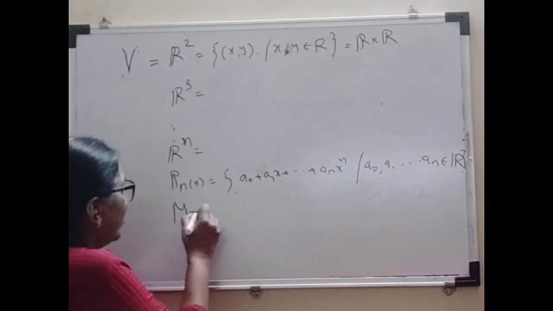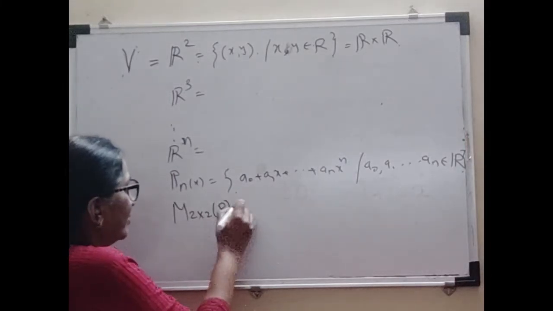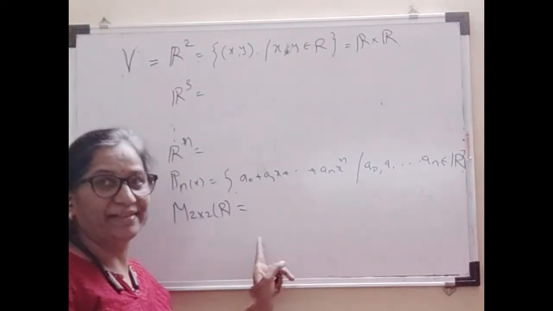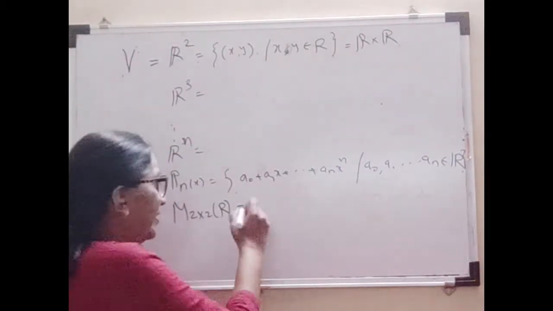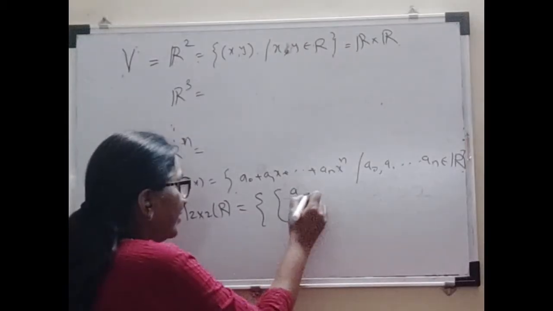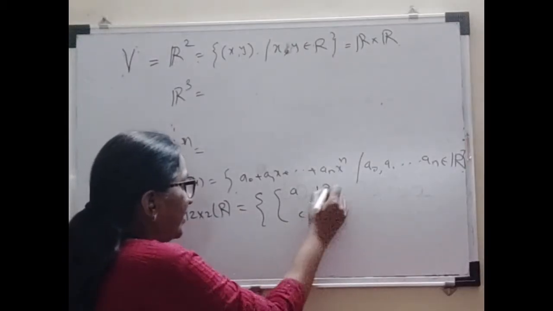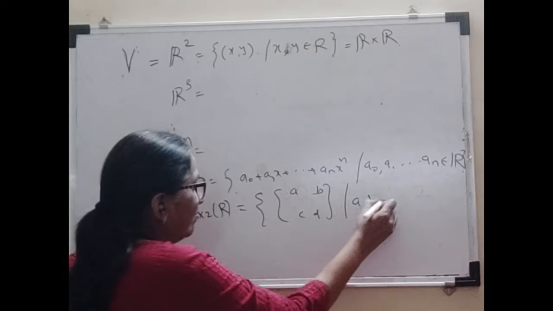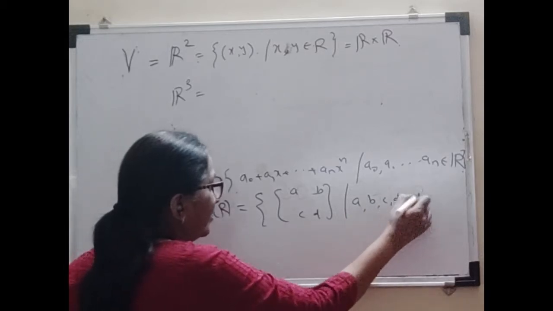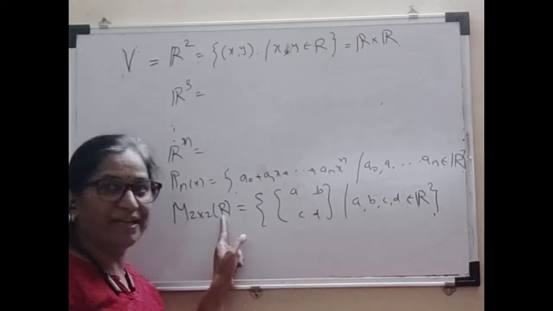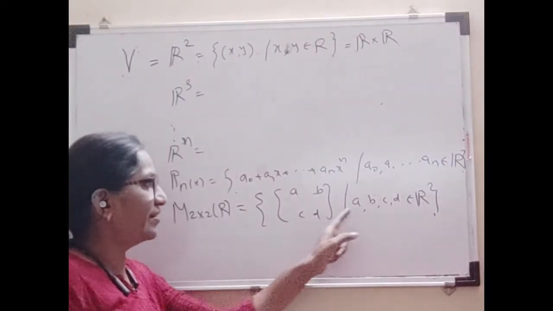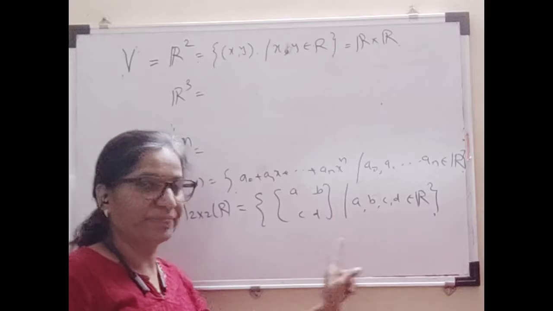Similarly, M2x2(R) is a set of matrices whose entries are real numbers. It contains matrices of the form A, B, C, D, where A, B, C, D are real numbers. Instead of R, we may define Z. Then in that case, A, B, C, D belong to Z.